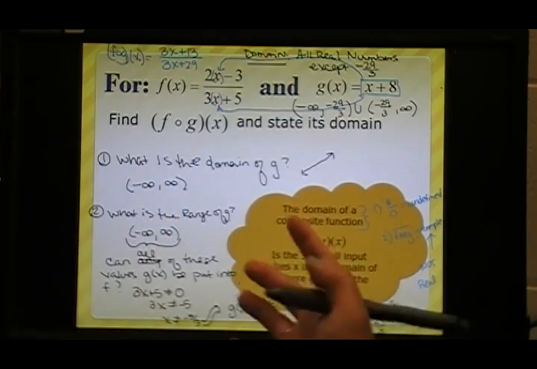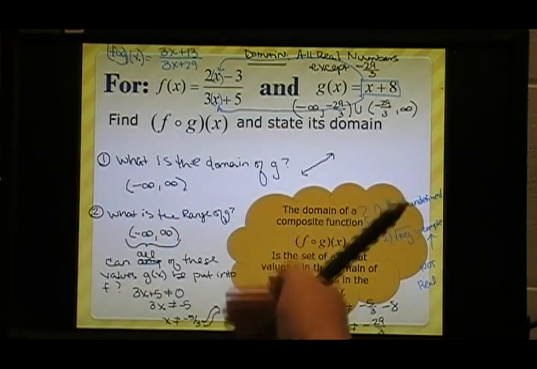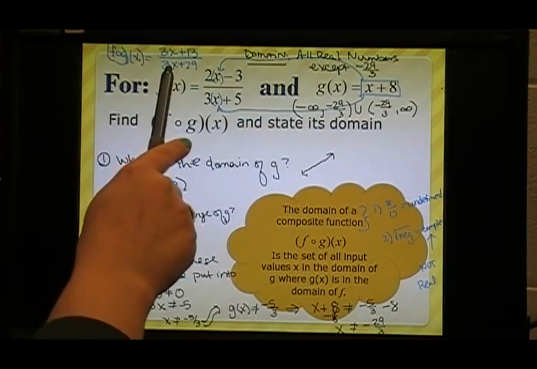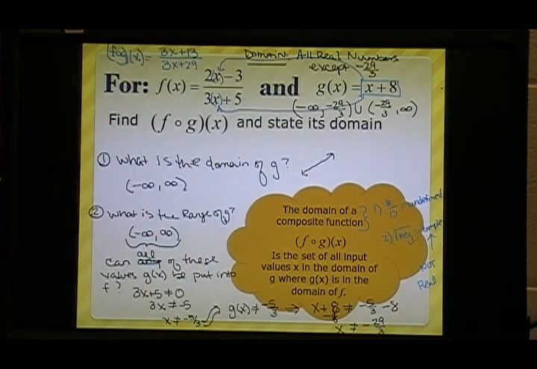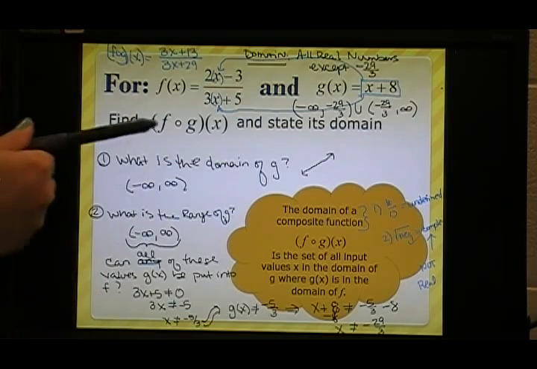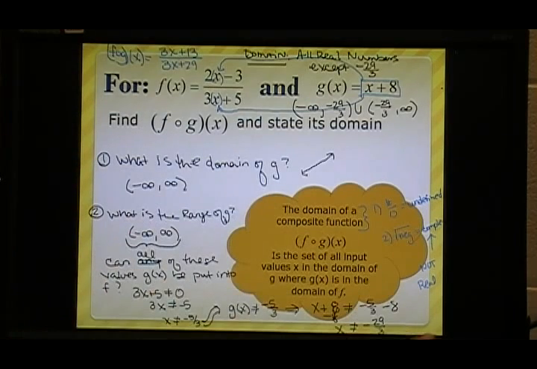In general, you cannot just find the composite function and then look at the domain by looking at the resulting composite function. Every function that you get in this class, you will be able to do that, but this really is the process that you need to go through when finding the domain of a composite function. It's a long process, and you have to really understand what's going on.